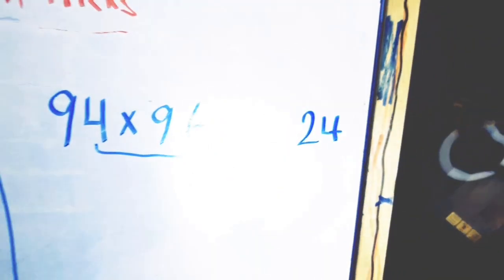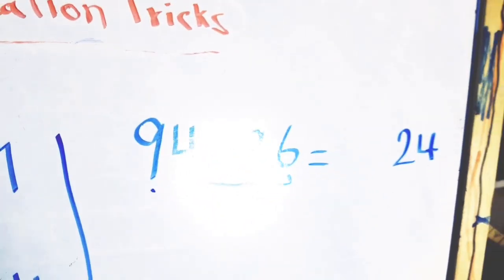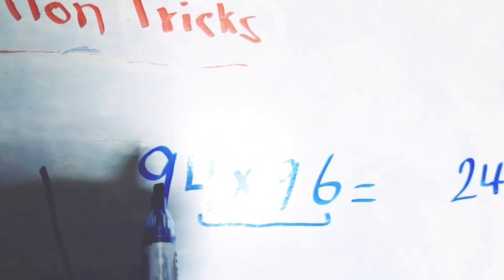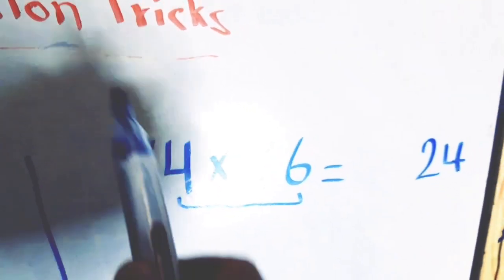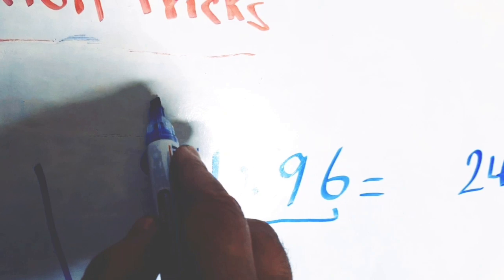Okay. After that, we look at the tens digits and look at the number which comes after it. The number which comes after 9 is 10.